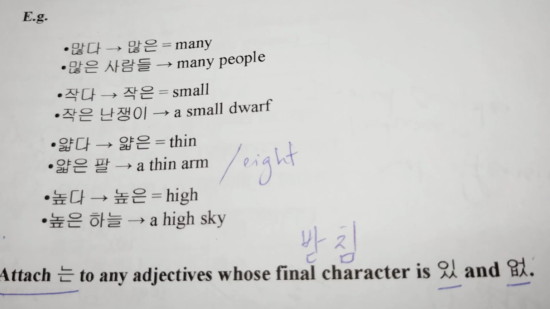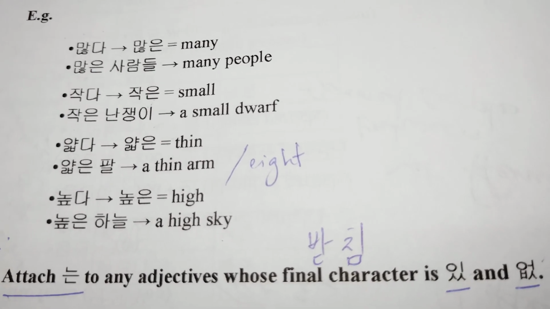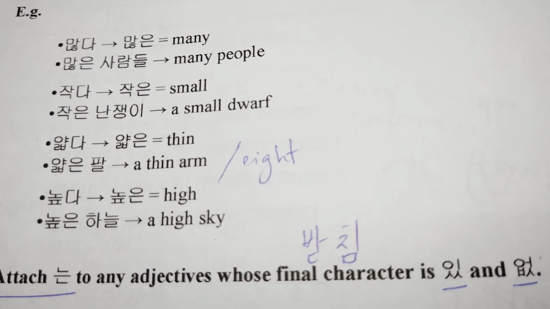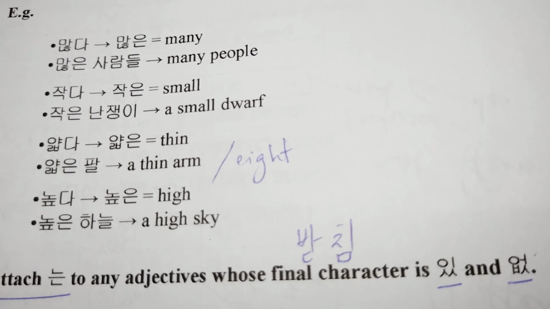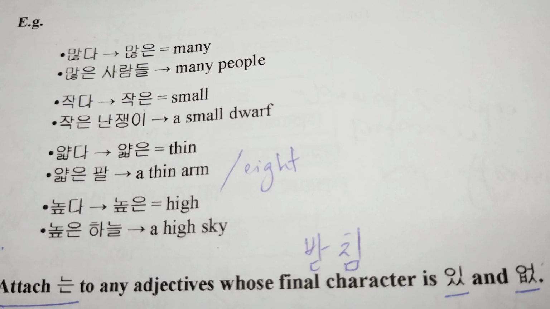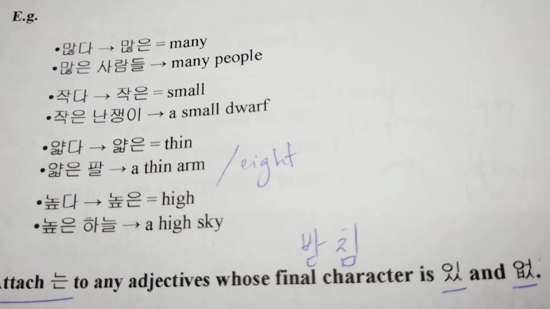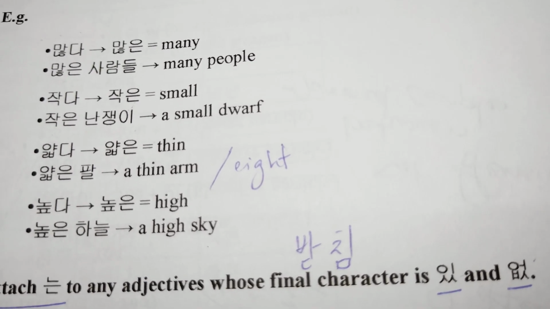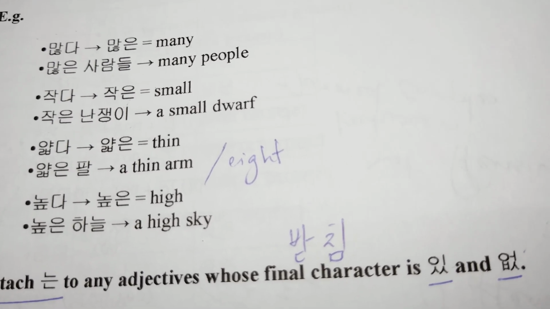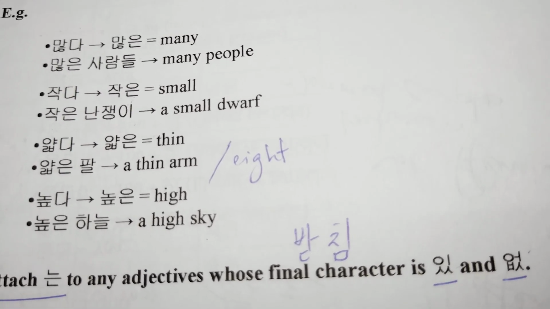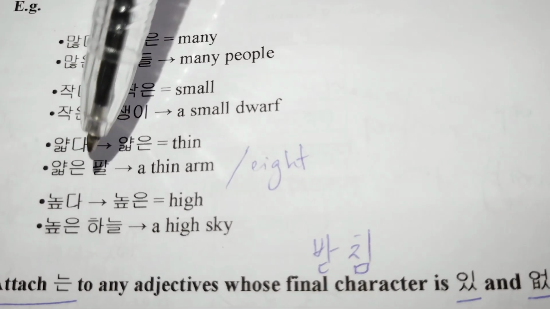You already know that Pi is a Sino-Korean numeral for 8. But if you're talking about a poster which has 8 in it, maybe you could say a thin 8, not sure, but possibly. In this case, it means a thin arm.